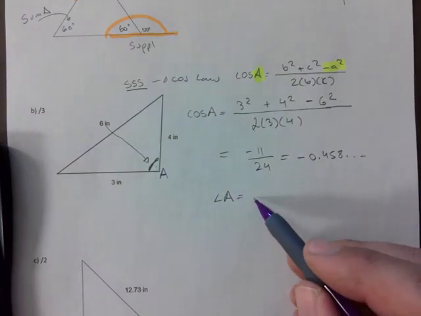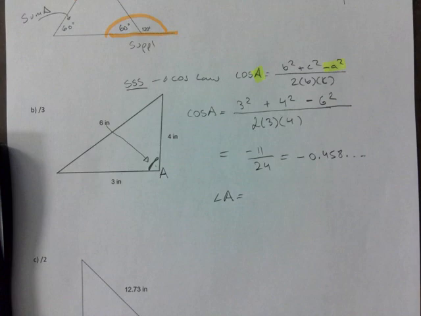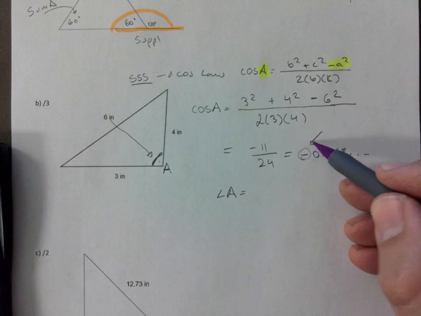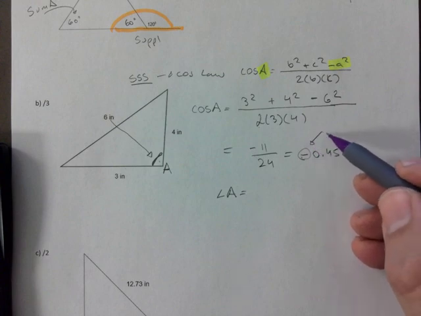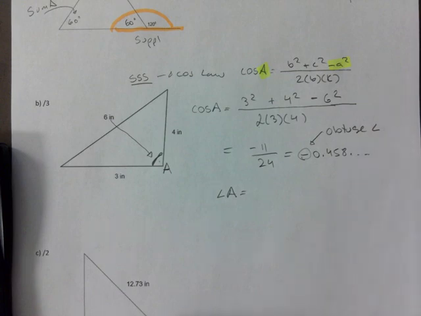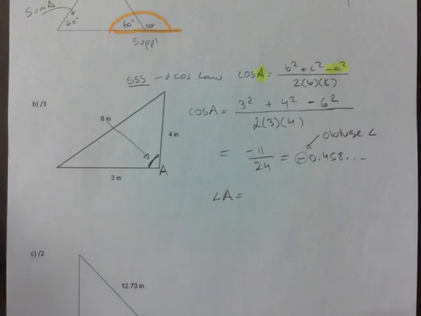Angle A, can you stop there? It depends on what I ask you for, but technically you could say, what does this negative tell me? What kind of angle are we looking at? Obtuse angle. You're expecting an obtuse angle. In this scenario, I would have been okay if you stopped there, but we're reviewing, right?